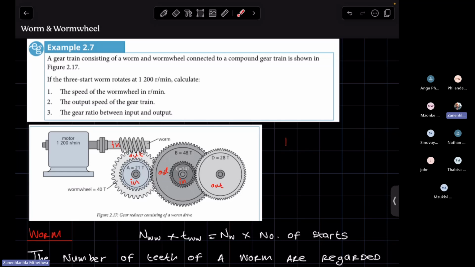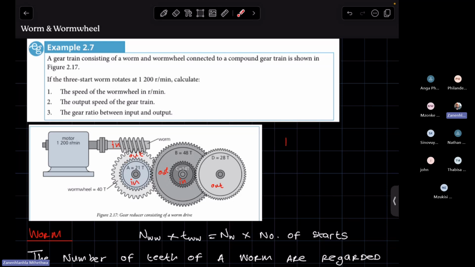So the worm having one start means that if we rotate the worm by one revolution, the worm wheel is only going to rotate by one tooth.